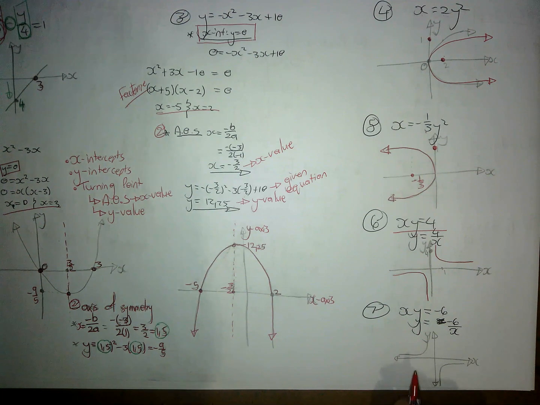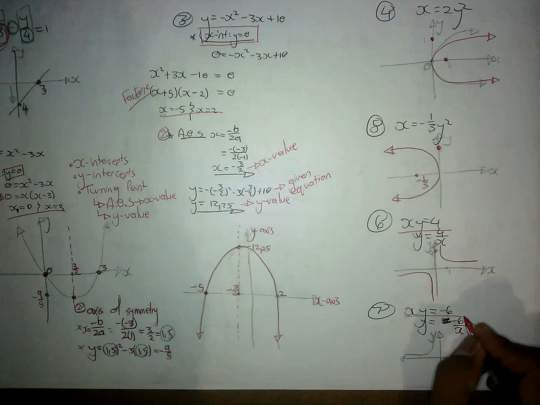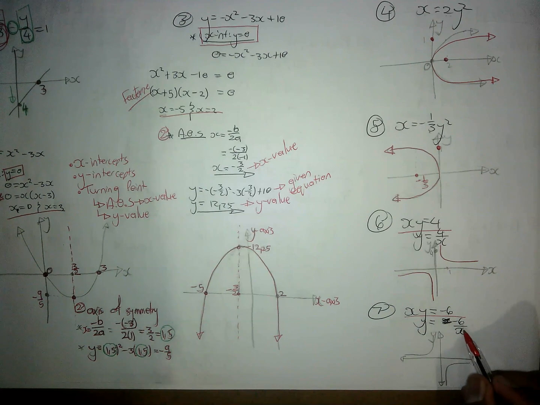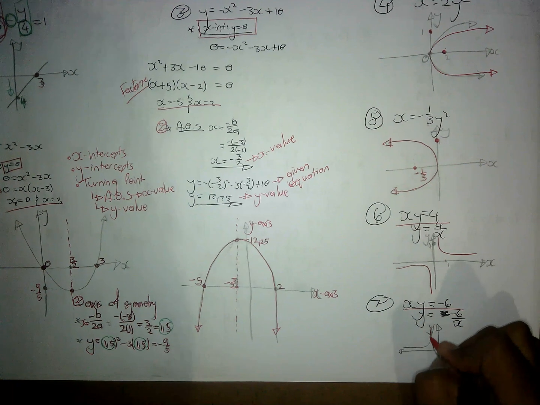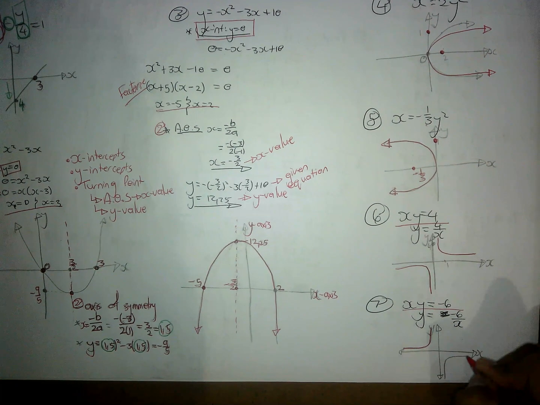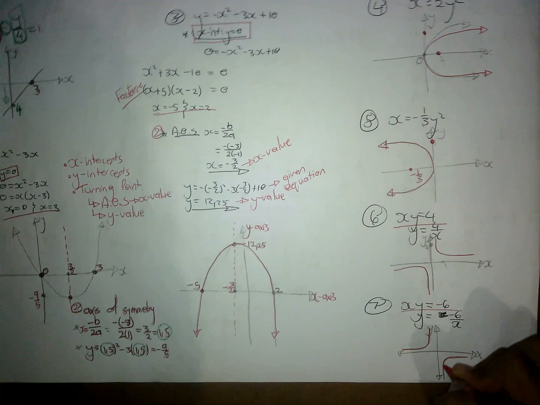Number 7 is the same thing. Divide xy by x, you get a negative 6 over x. So the hyperbola is negative, so it's going to be in this quadrant and this quadrant over there.